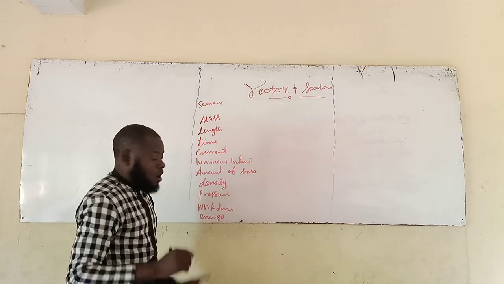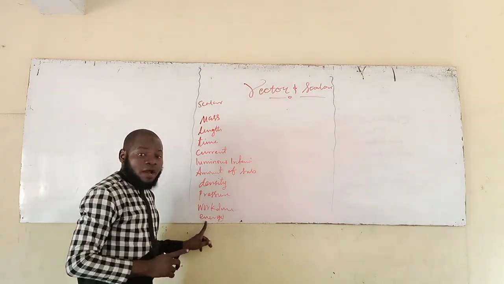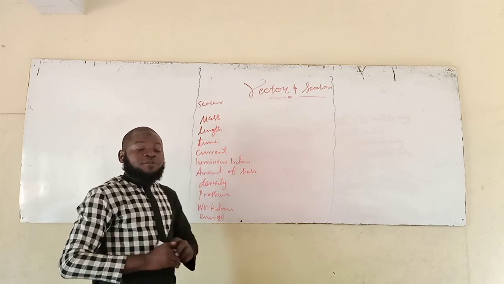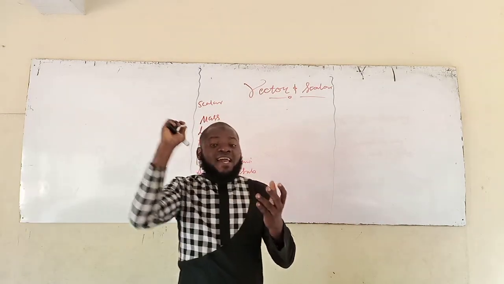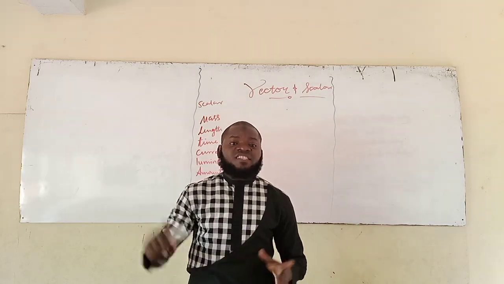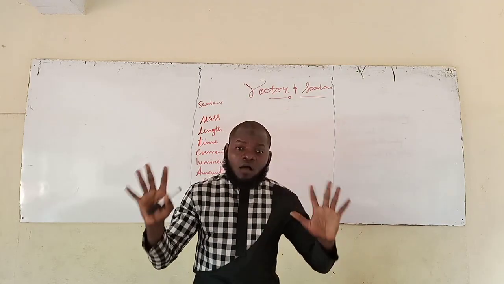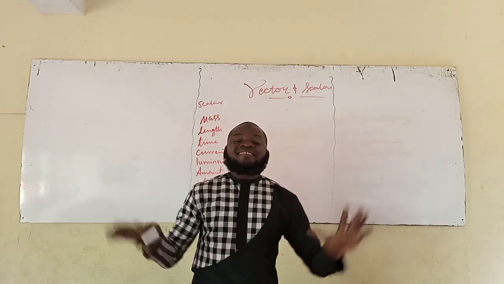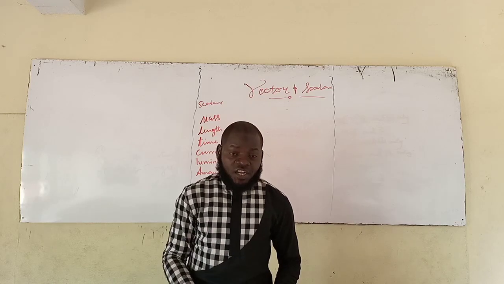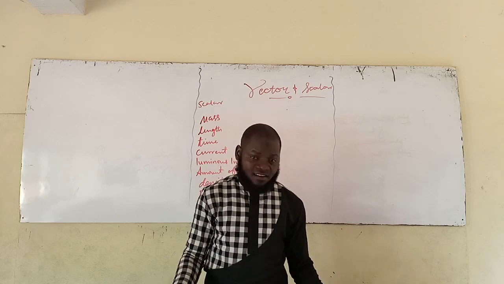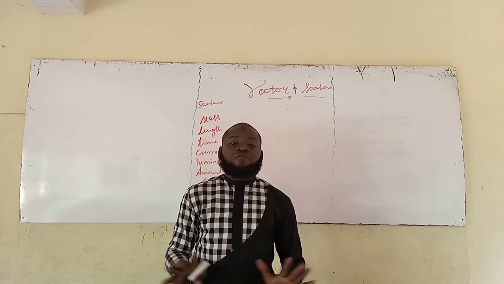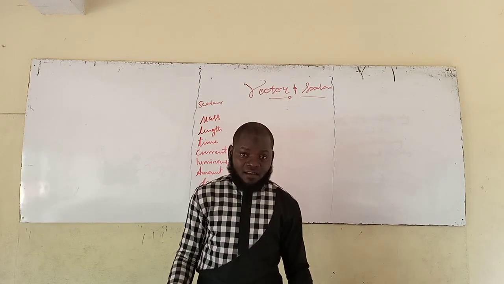Now, before I go on, let you understand something about energy. All forms of energy, whether it is chemical energy, electrical energy, kinetic or potential, so long as it has the word energy, it is a scalar. All forms of energy are scalar.